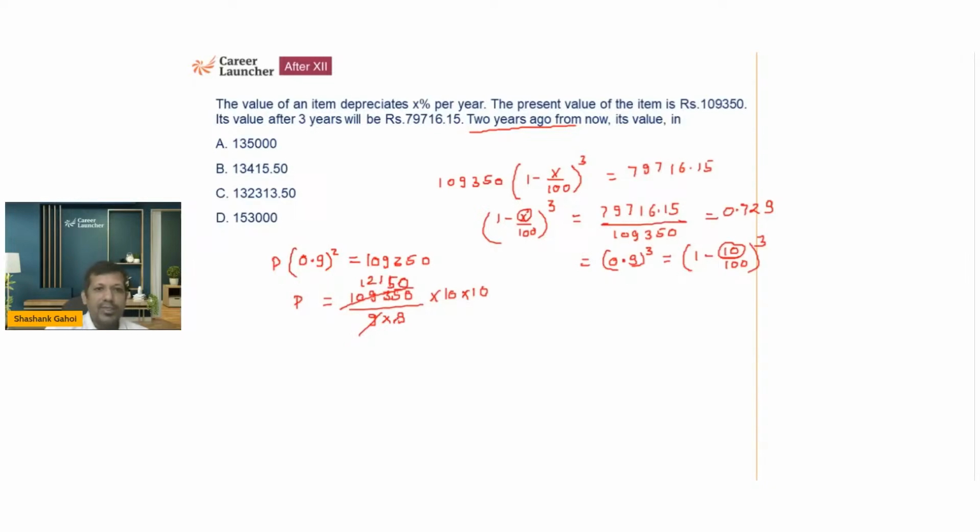Now, can I again cancel out? Yes, it is going to be 1, 3, 5, 0. So directly I am going to get my answer as 135,000. So that is directly going to give me the answer as option A.